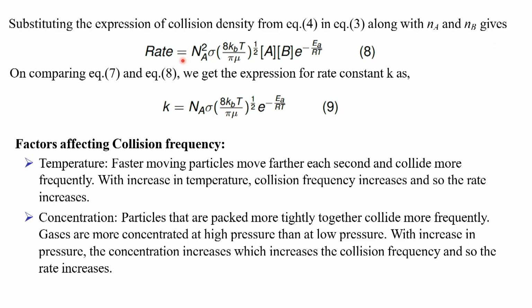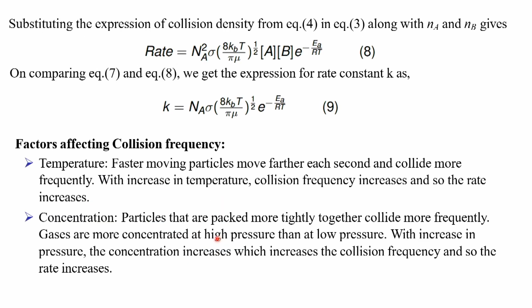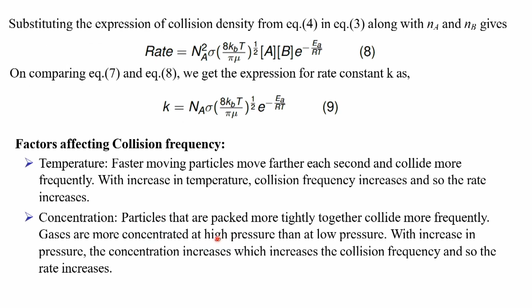So we get a rate of Na square sigma, 8 kBT by pi mu to the half, and the concentration of A times concentration of B, e to the minus Ea by kT. Now if we compare equation 7 and 8, 7 is this expression, which is a rate, and 8 is also an expression for rate. So if we compare these two, we get k is Na times sigma, 8 kBT by pi mu raised to the half, e to the minus Ea by RT.